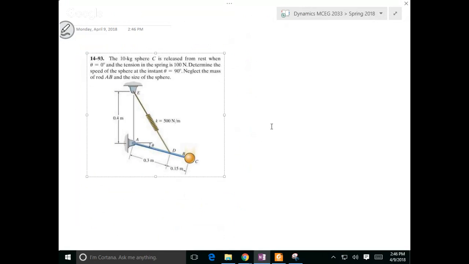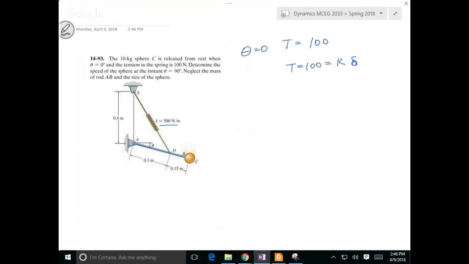Okay, so what he's done, he's tricked me here. At theta equal to 0, the tension in the spring is equal to 100 newtons. So when it's 0, tension or force equals 100 equals K times delta.